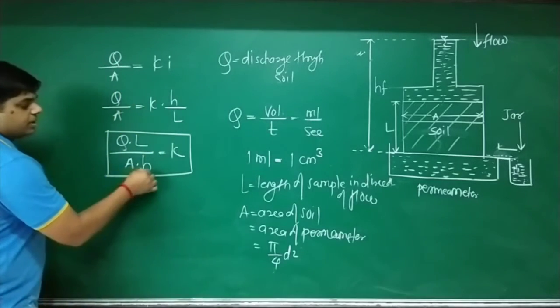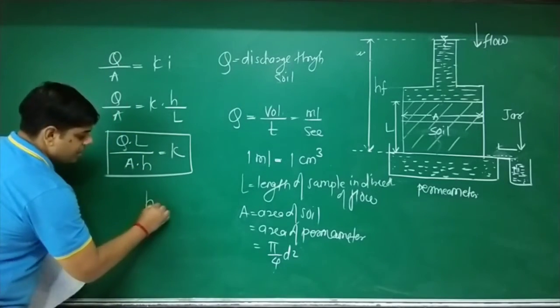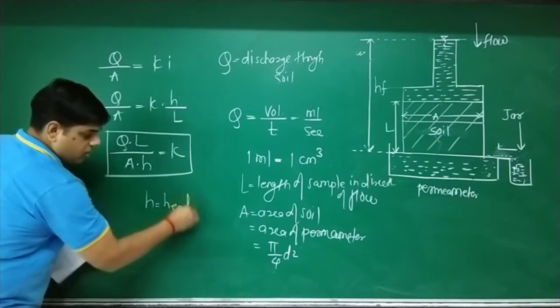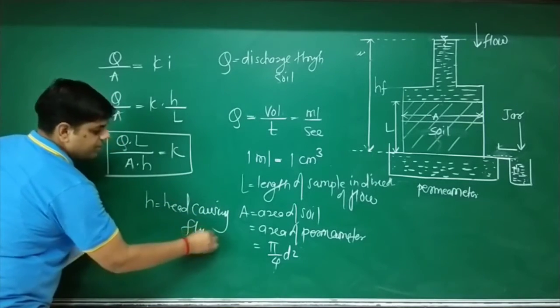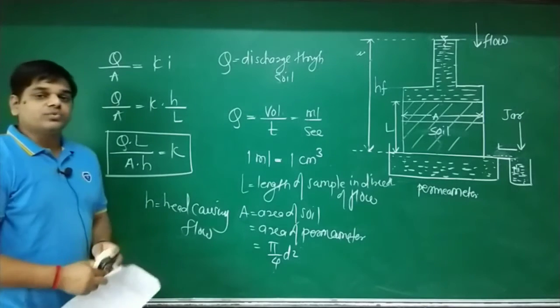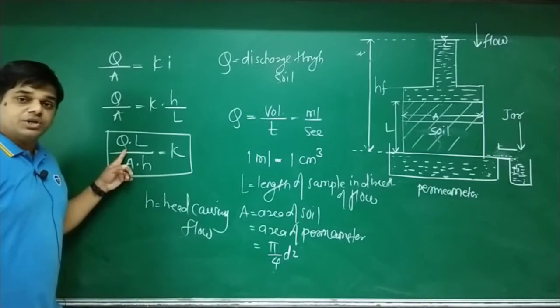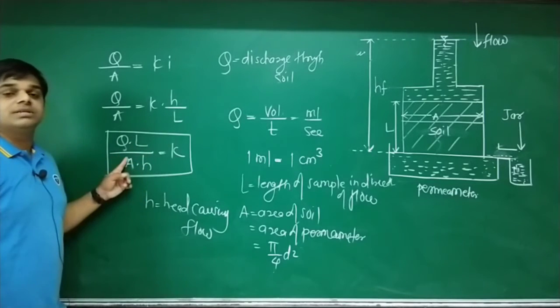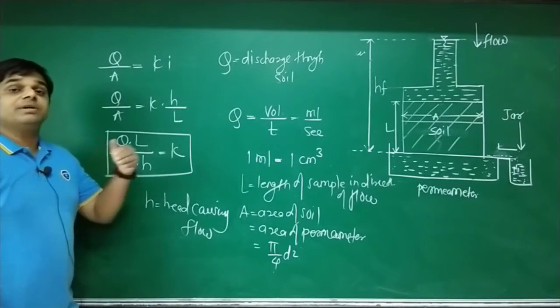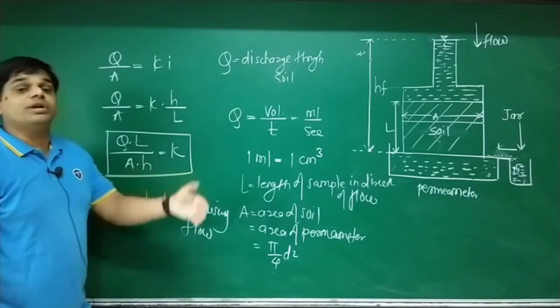The next term H. What is H here? Head loss, or head causing flow. And whatever units we use for discharge Q, based on that unit we have to arrange the other terms in the same respective units.